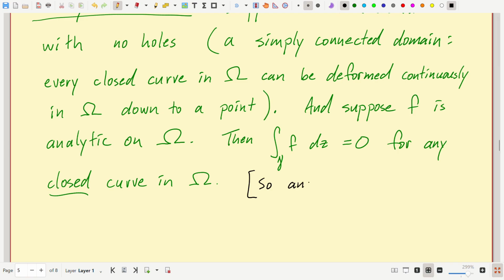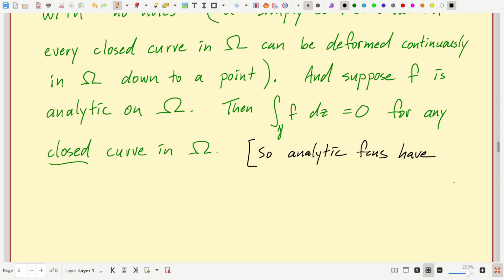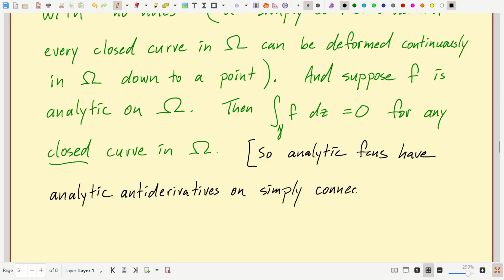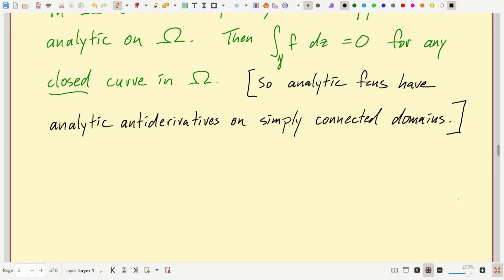So, analytic functions have analytic antiderivatives on simply connected domains, by the previous result. Okay, I'm not going to dwell on a proof of this one.